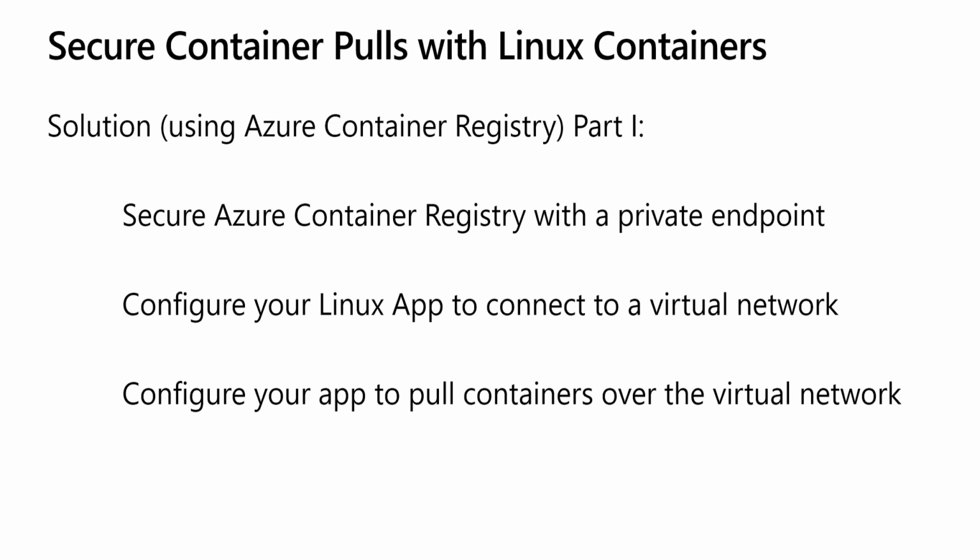To summarize here, the fundamental steps are that you need to configure your Azure Container Registry with a private endpoint, because that will give your registry a VNet internal address from which you can do the Docker pulls. You configure your application on Linux App Service to connect to the same virtual network. And then you also flip some switches, as it were, in the Linux app to specifically tell the platform to always pull the container over the virtual network.